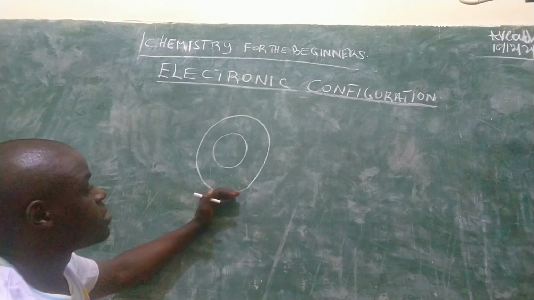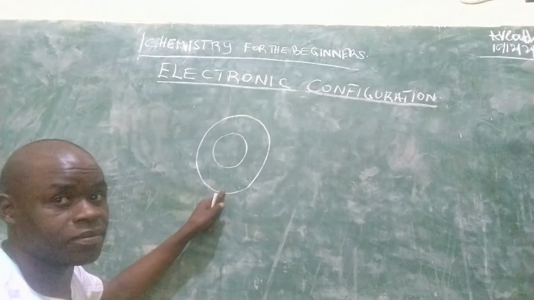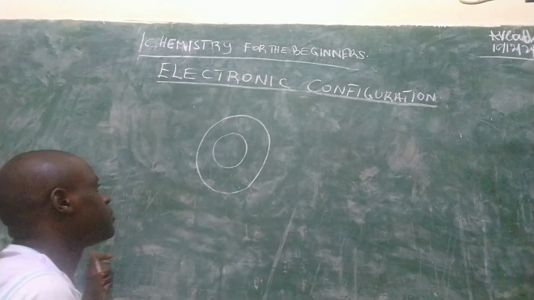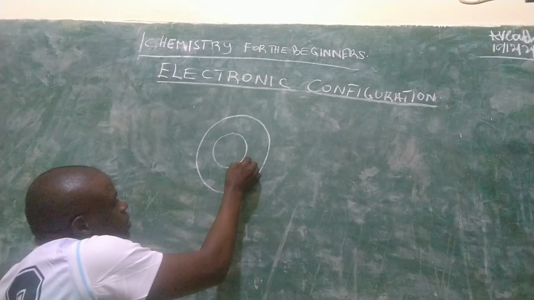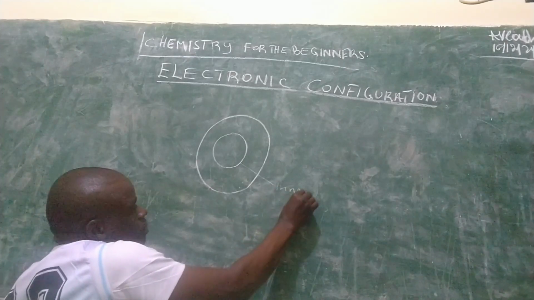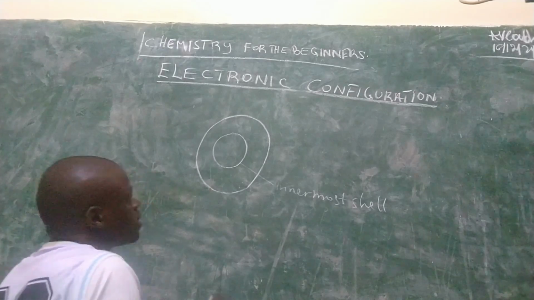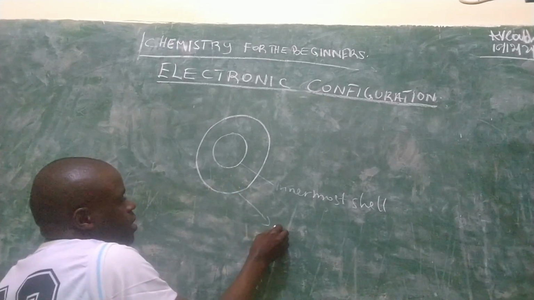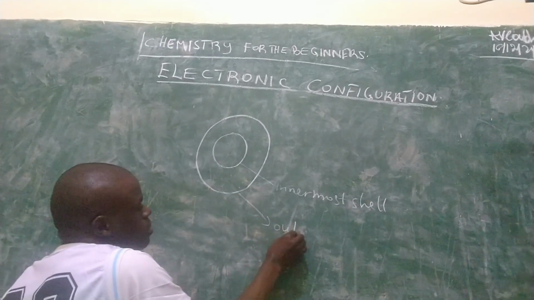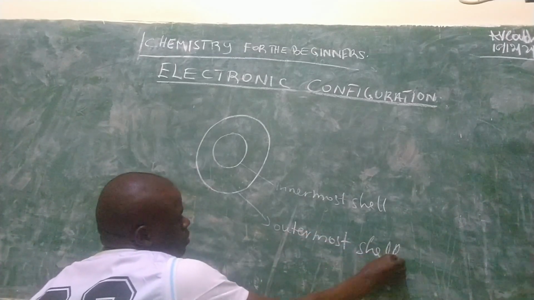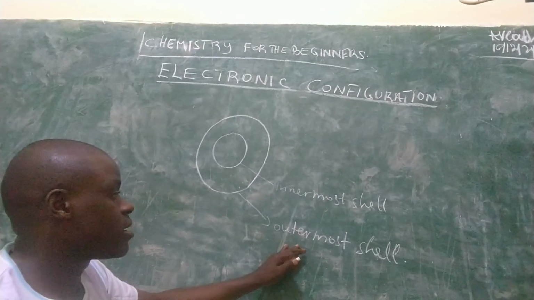If an atom has two shells, this will be the outermost shell, and this we can call the innermost shell.